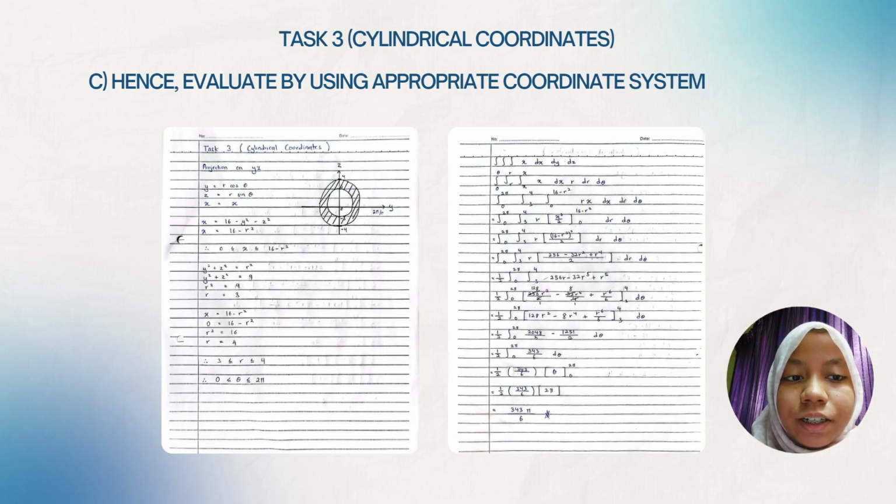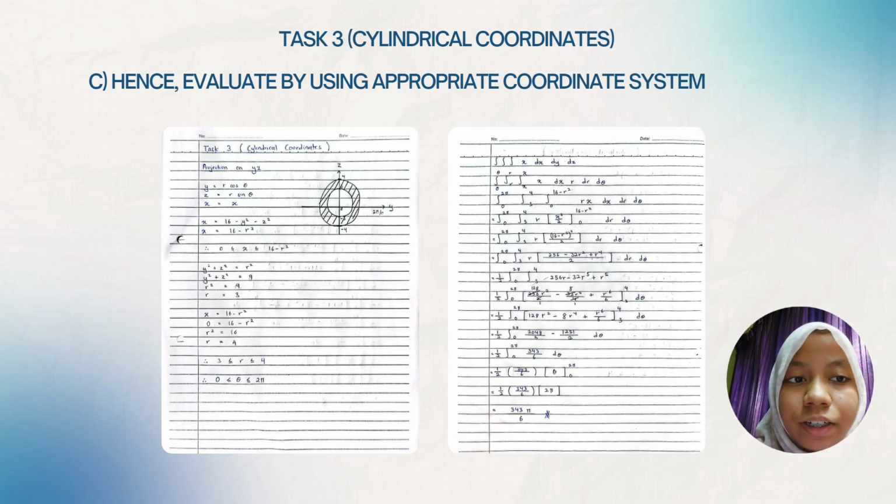From the cylinder equation, we get r equal to 3, which is the inner boundary. Then by letting x equal to 0 in the paraboloid equation, we obtain r equal to 4, which is the outer boundary. Therefore, the limits of integration for r are 3 to 4, for theta 0 to 2π, and for x 0 to 16 minus r squared.